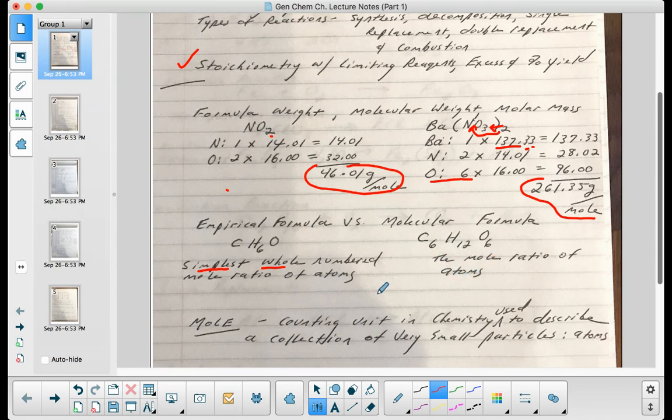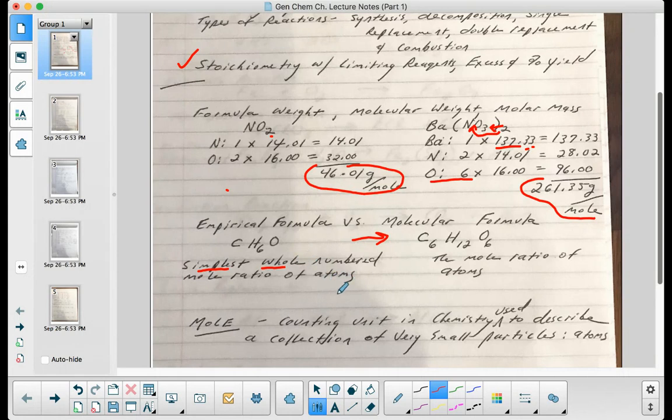So sometimes your empirical or your simplest formula is your molecular formula, but not always. As in this case, the molecular formula is a multiple of 2 of this empirical formula.